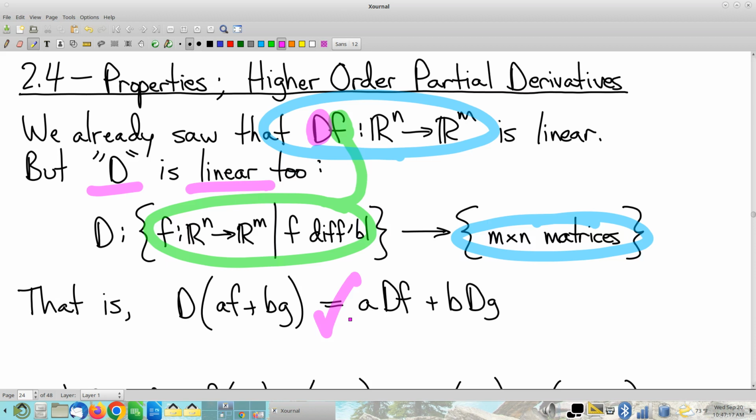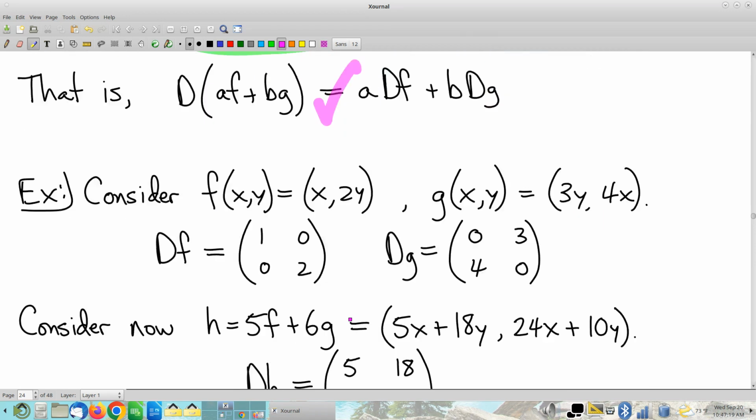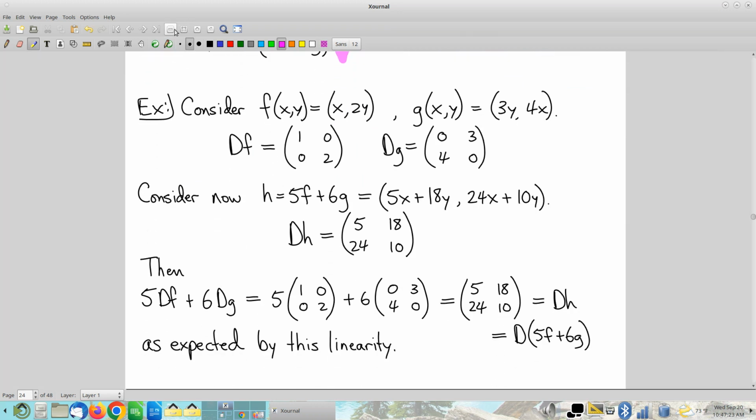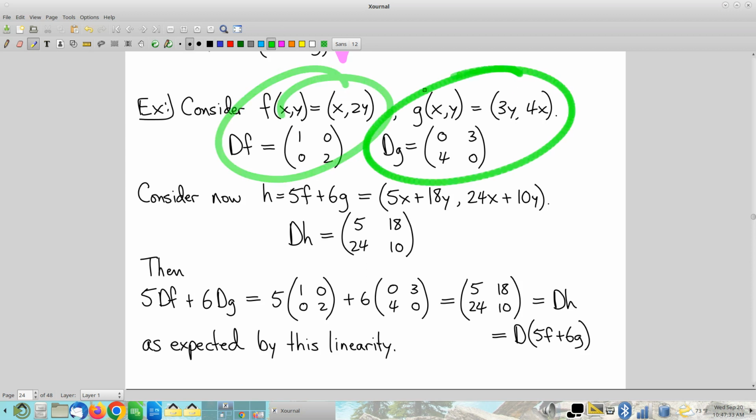Yeah. So what does this look like? Here you go as an example. There's just a bunch of details in this example. It's pretty straightforward reading, so I'm just going to hit the highlights. What we have here is a couple of functions, and their derivative matrices easily computed.